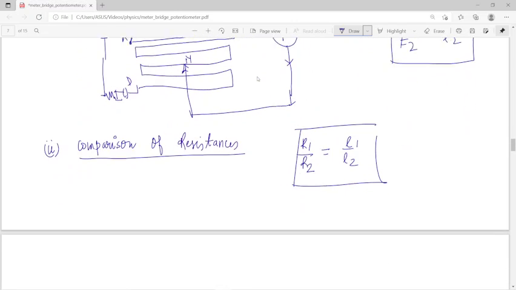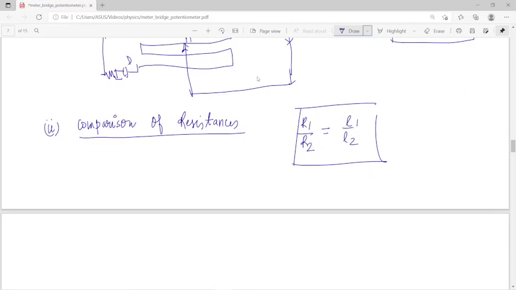You can also measure a small resistance connected in series. That means measurement of small resistance.